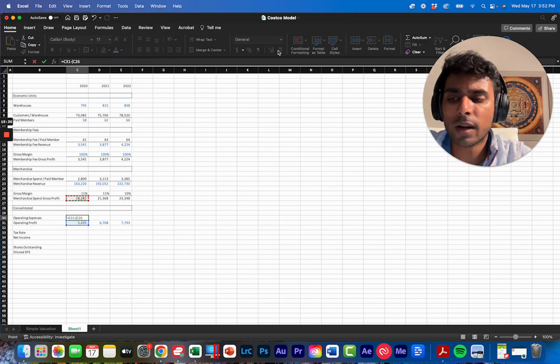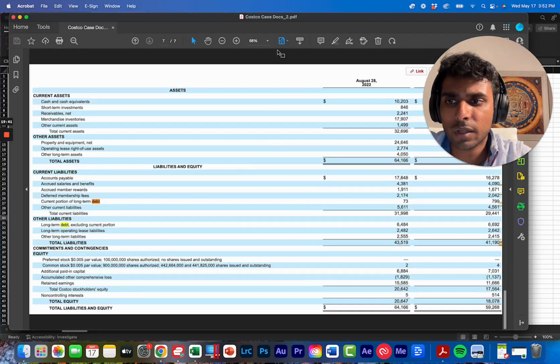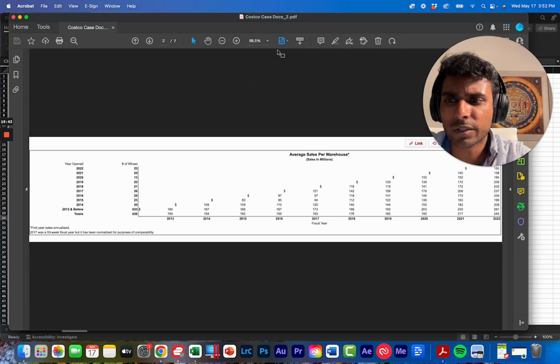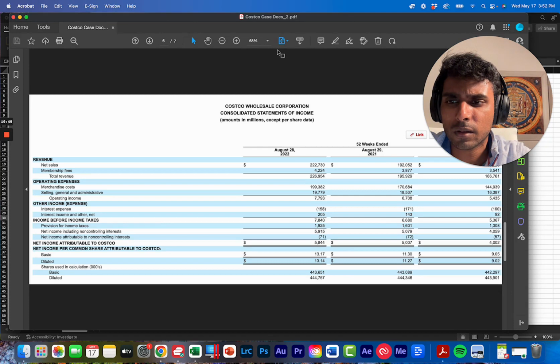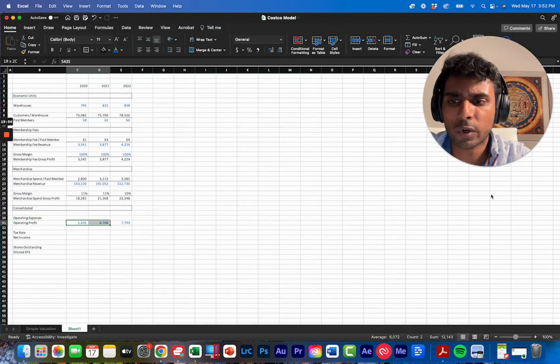So in order to back into the operating expenses, we can also just, I think I included a little SG&A section here. Yeah, we can just type this in instead of working backwards.